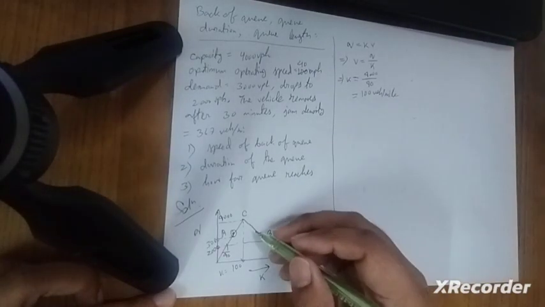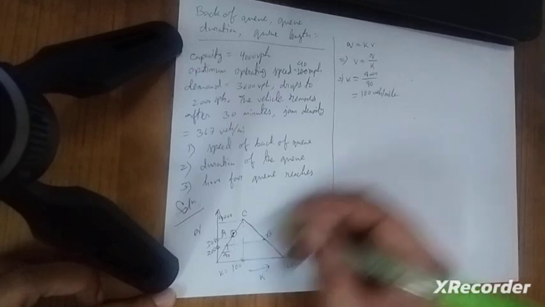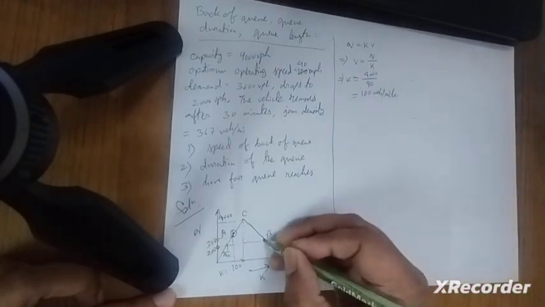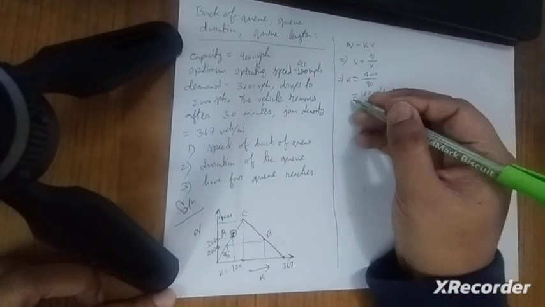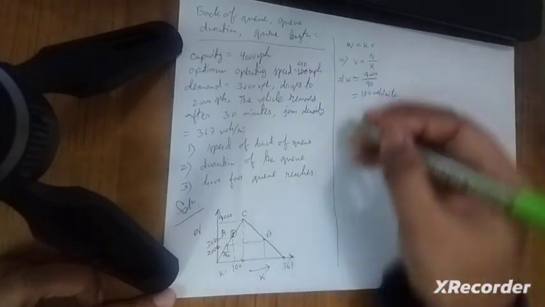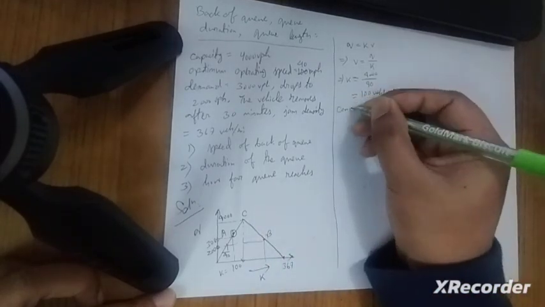Next we have to calculate Ka and Kb. Before calculating Ka and Kb, let's calculate for the congested part.